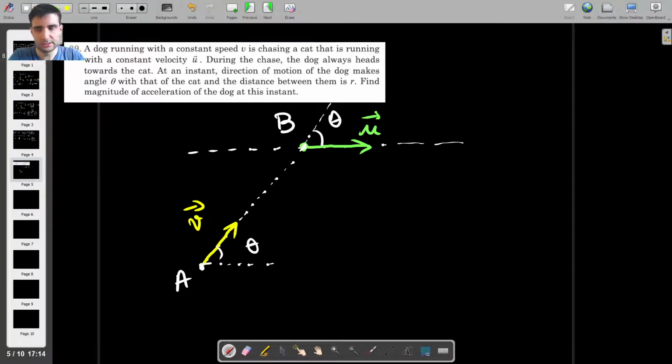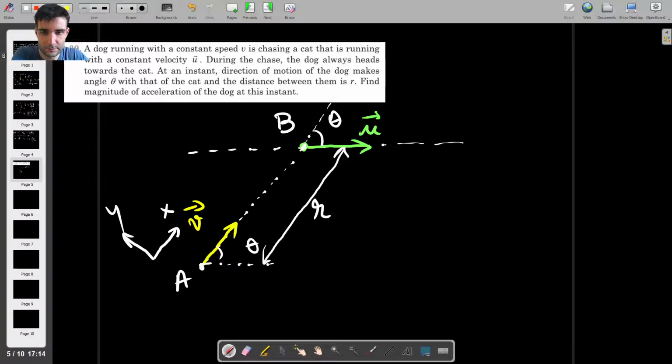I think the easiest way to do it is to just place a coordinate system at A. So imagine this is at A, right? But more importantly, the directions of my X and Y axes. So X is along this direction, right? Let's say this distance from here to here is given to us as lowercase r again. And Y is perpendicular to that direction, okay?